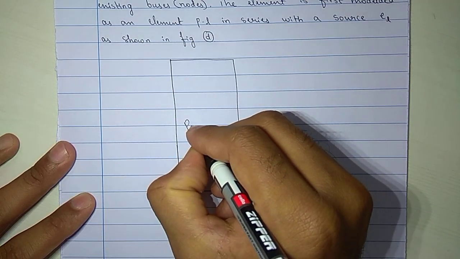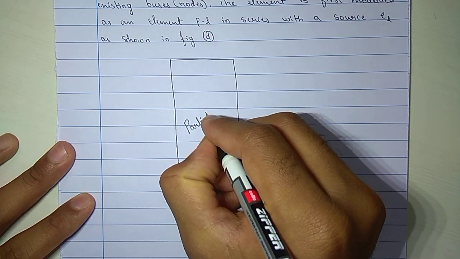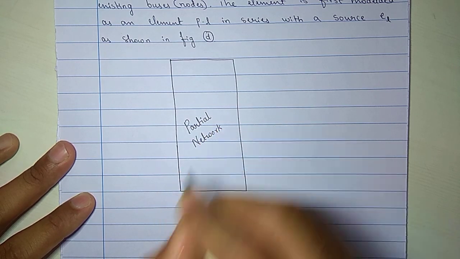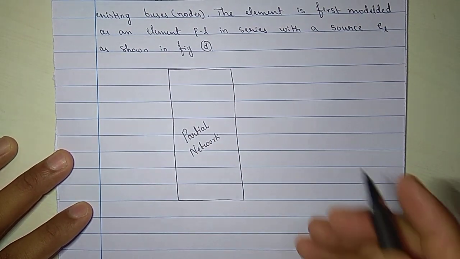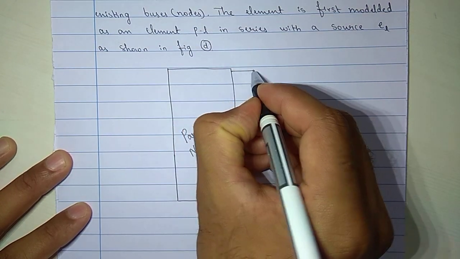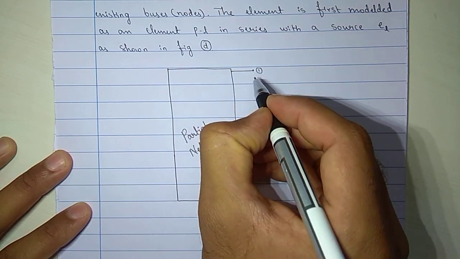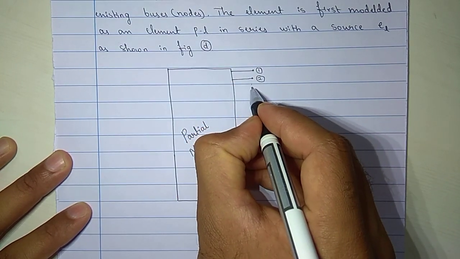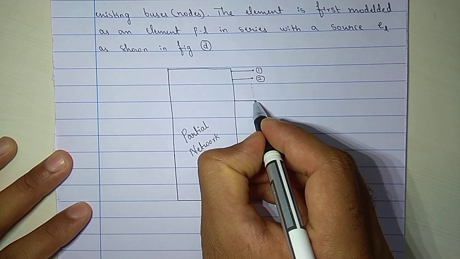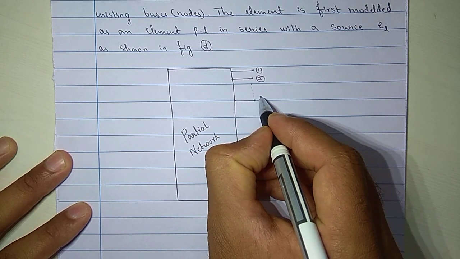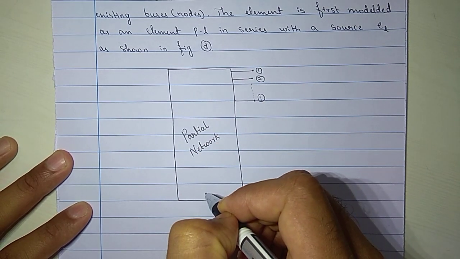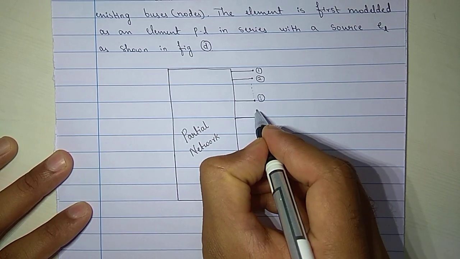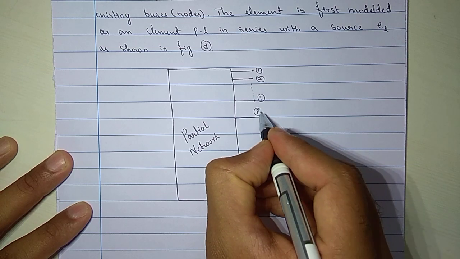Okay, I said that this is a partial network, which is consisting of n number of buses. I'll name the first bus, the second bus, and so on. There may be n number of buses, so somewhere this is an ith bus. The same way, somewhere this is a pth bus.